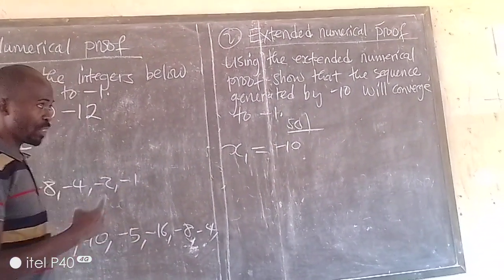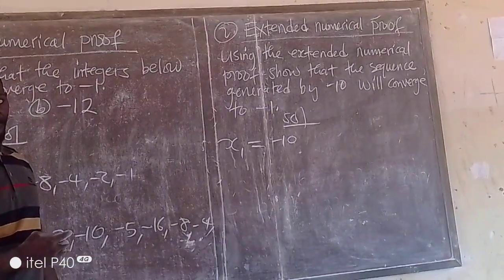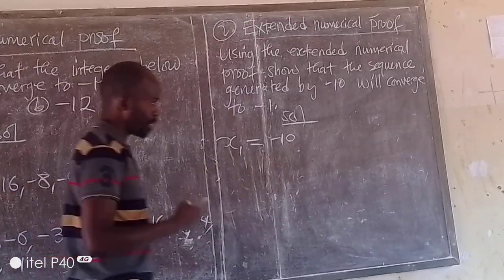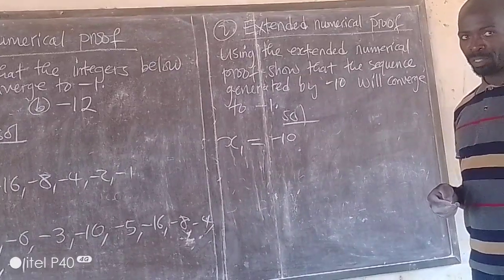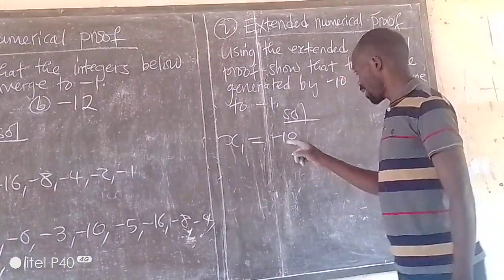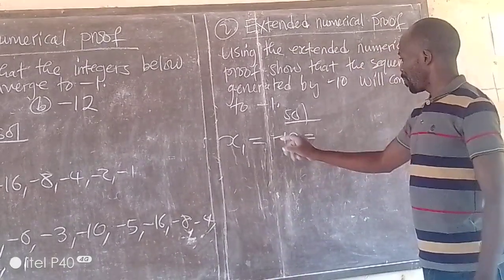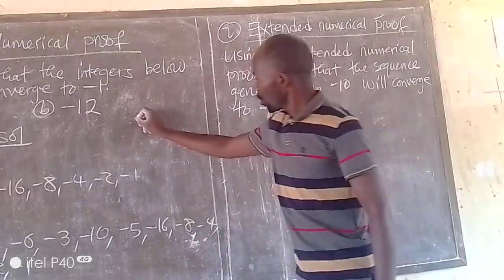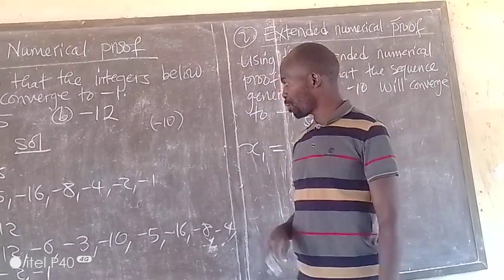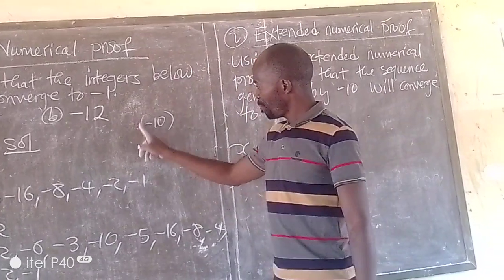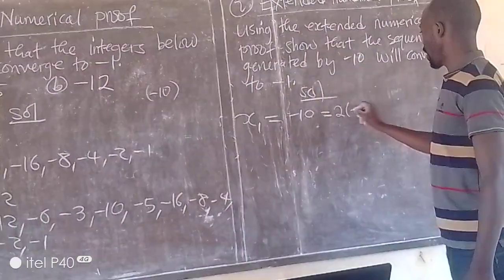Now this negative 10 is odd. We need to express it in a different form. In this case, based on the extended numerical proof for positive integers, we borrow the idea. The coefficient here is 1, so I will add a 1, I will have a 2, then negative 10.